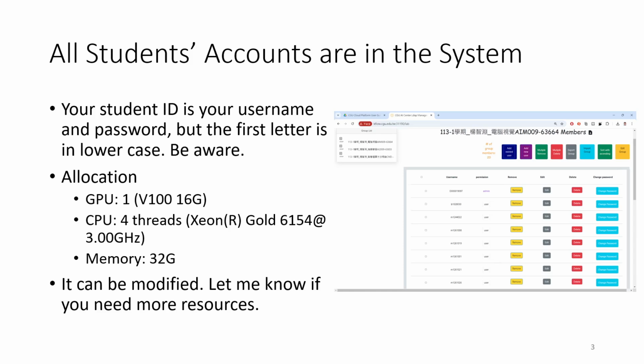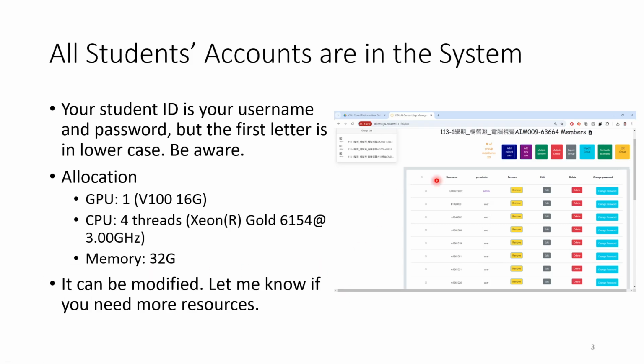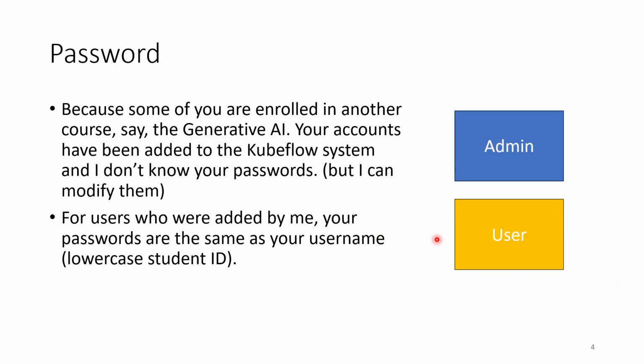Okay. From the right hand part, you can see all of you are in the list already. But there is a problem. The problem is that some of you are enrolled in another course, say the generative AI, and I'm not sure whether the TA of that course has added your account into the Kubeflow system.